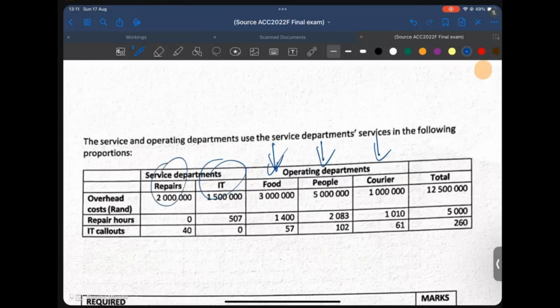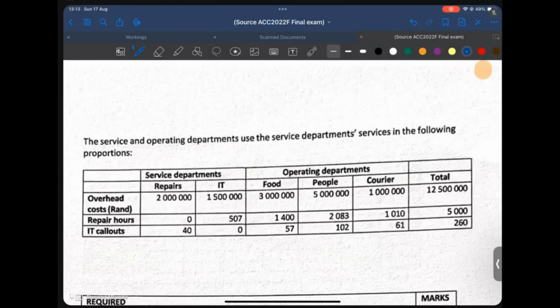So some of the costs sitting in repairs and IT were caused by the food department because they use those services. If we only leave those costs in the service departments, we're not accurately calculating the profit made by the food department, because we're ignoring some of the costs that relate to them.